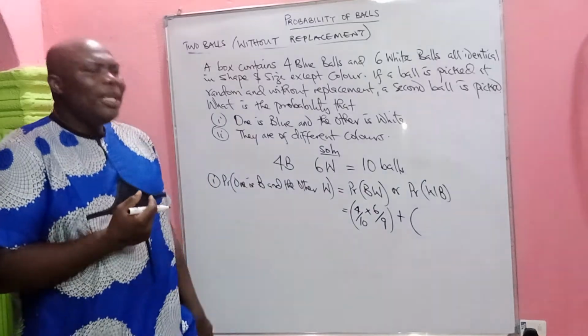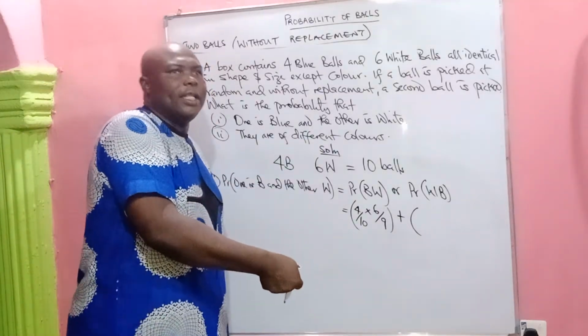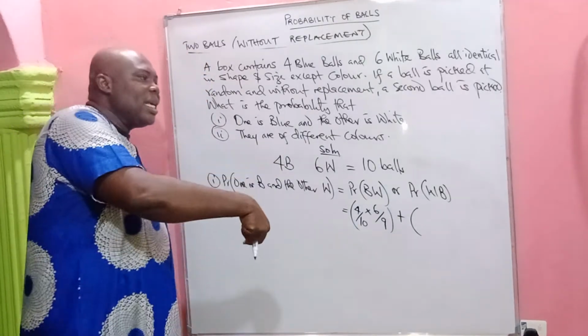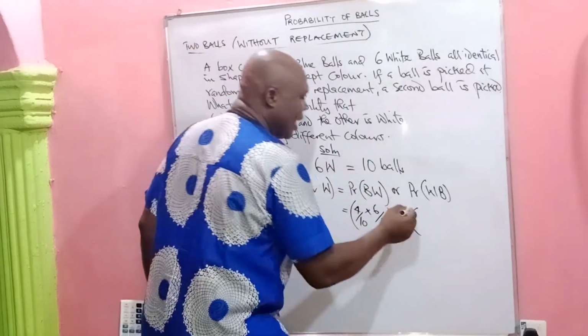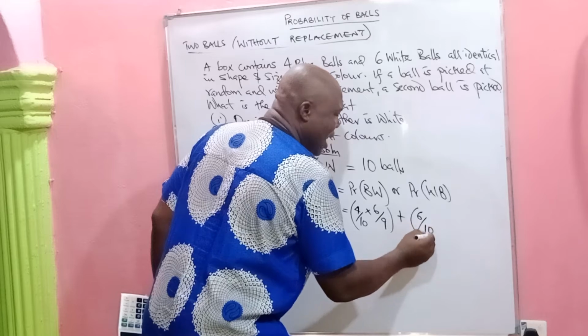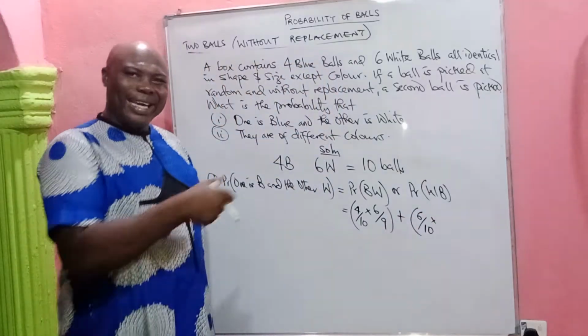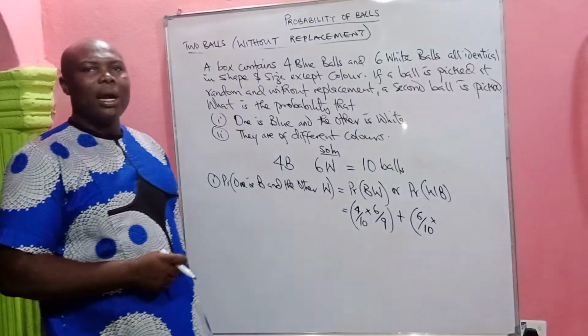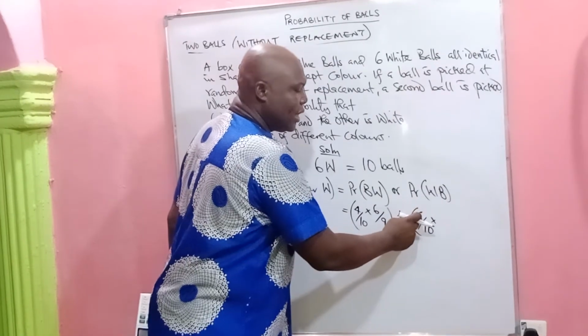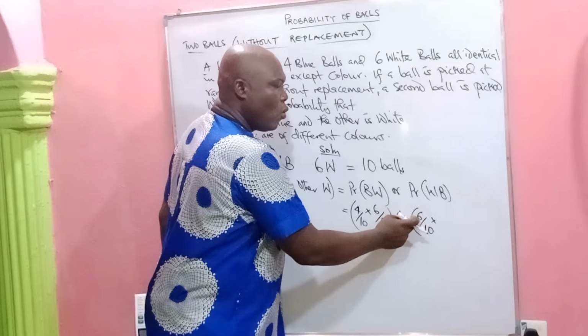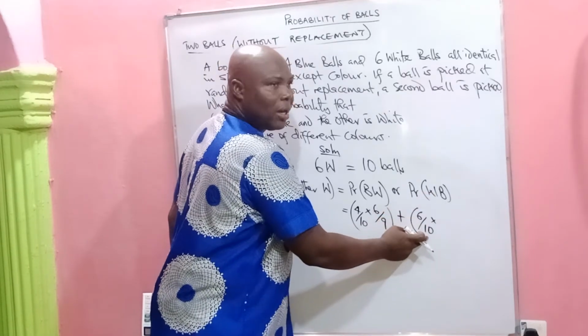What about if, when I pick the first ball, it is white? At the time when I'm picking the first ball, if it is white, it means we're having 6 white balls all over 10 total balls. And we now want to pick the next ball, and the next ball this time around is blue. Remember that when I picked the white ball, there were 6 white balls all over the total of 10.